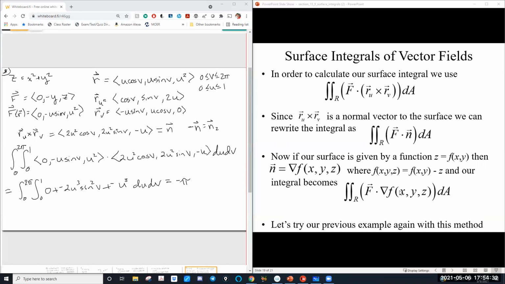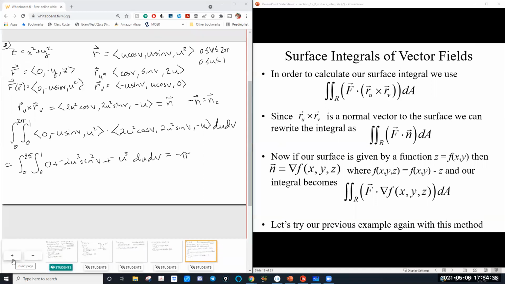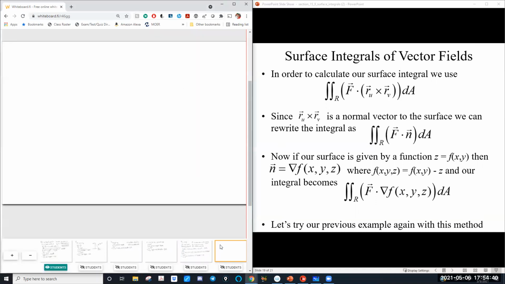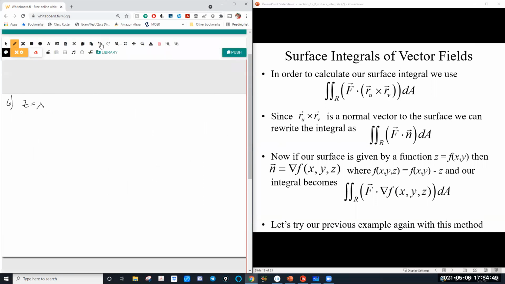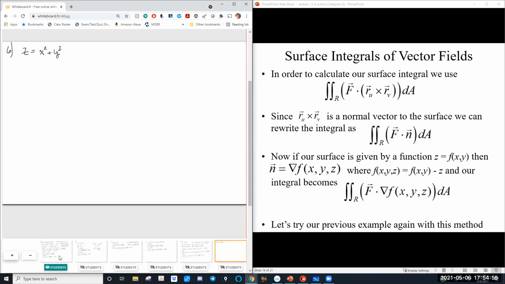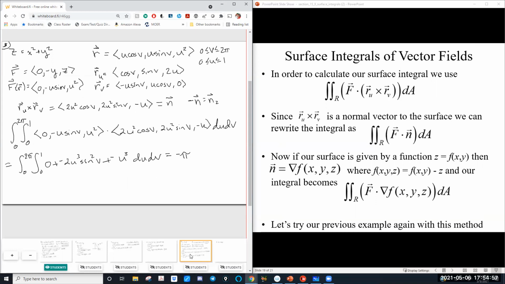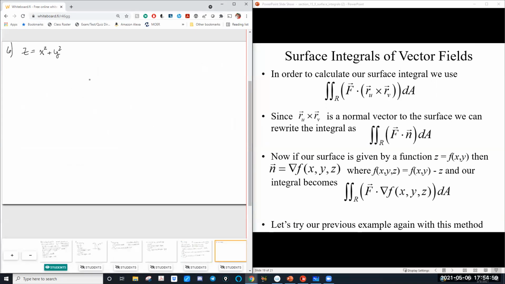So we're going to try this with our previous example. Let's do this one. This is going to be example number 6. So our function was the paraboloid x squared plus y squared, and I have to remind myself our vector field was 0, negative yz.